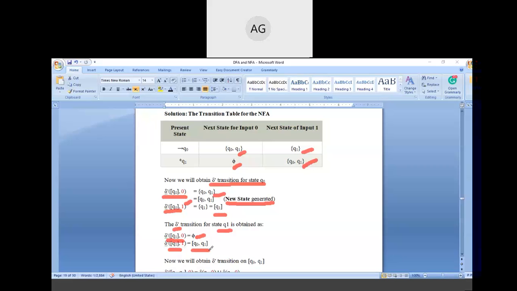This is our new state, but we already have this state Q naught Q1. So that's how we will find out the new states of the DFA from the initial state of the NFA.